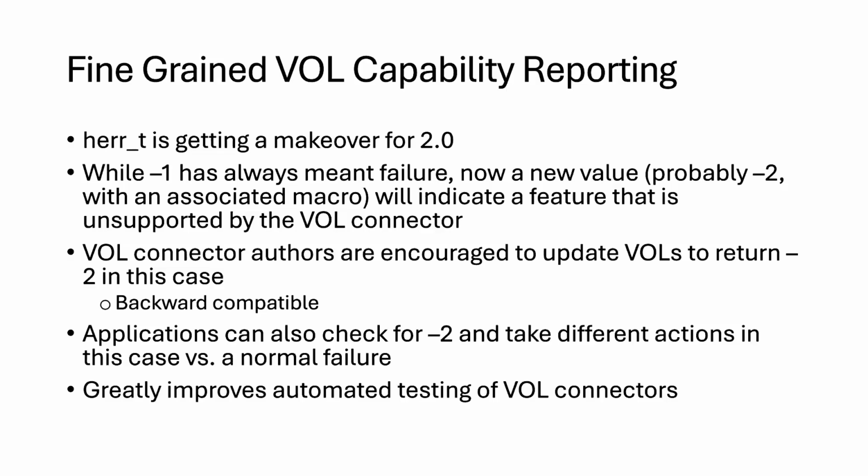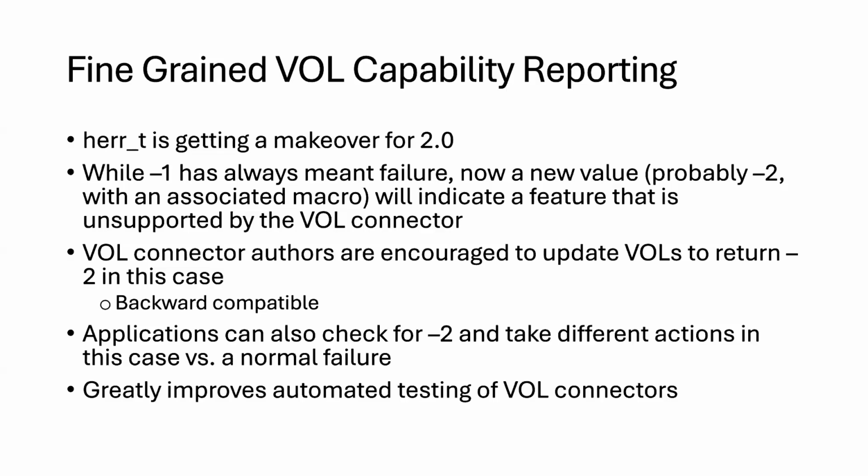So we have all these other numbers that we can use for other things. We're going to use another number, probably -2, and assign a macro to it, that means it's a failure, but it gives you more information on the failure, like an errno or something. So it tells you that this failed because the VOL connector does not support this specific feature in this case.